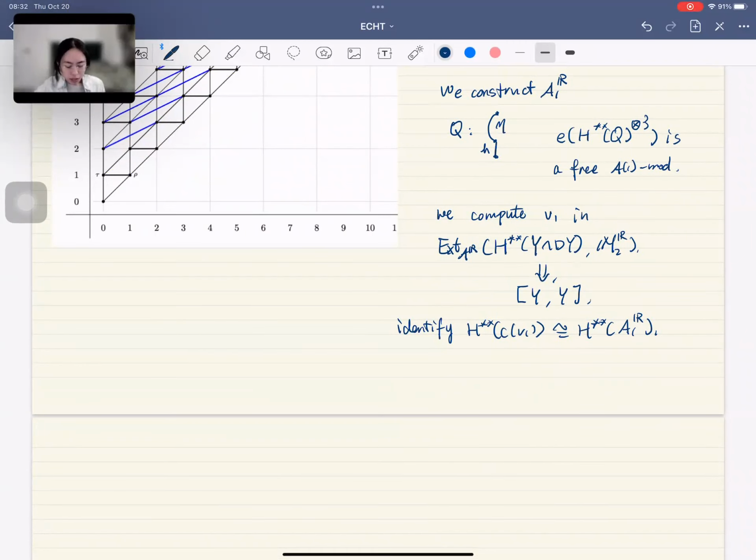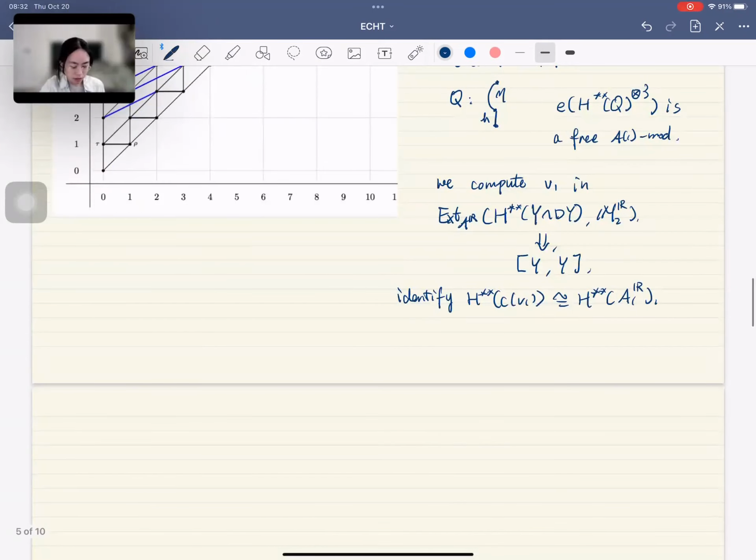Well, I should make a warning that even though we identify their cohomology, we do not know that the cofiber itself has the same homotopy type as the A(1) we constructed, though.